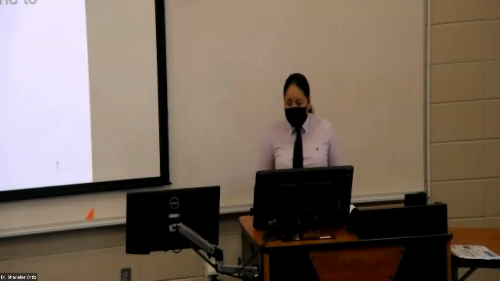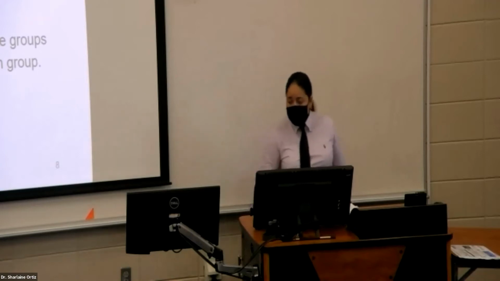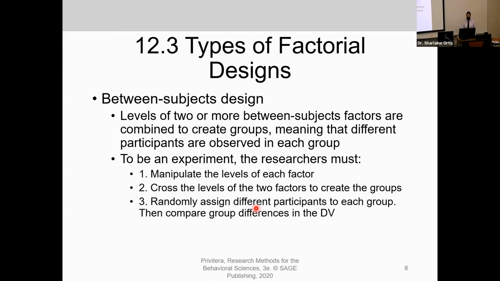Let's talk a little bit more about that. If we revert to your presentation, we're going to find those multiple levels once again, so 2 or more levels. When I do set combination, I'm going to create 2 groups, meaning that different participants are going to be part of each group.